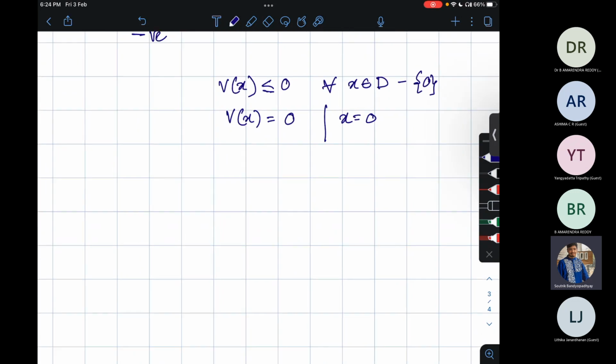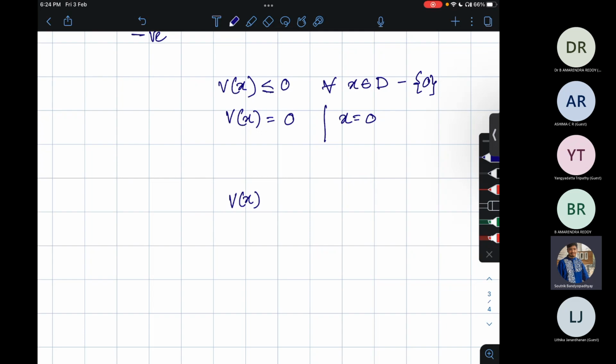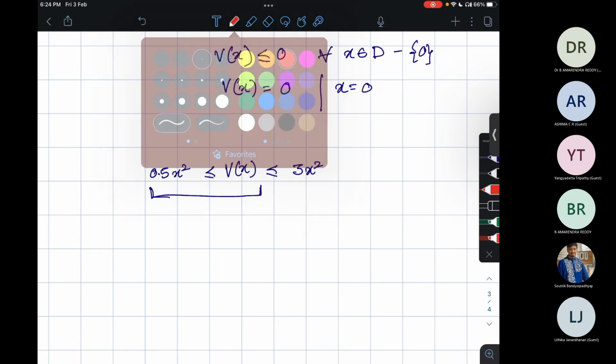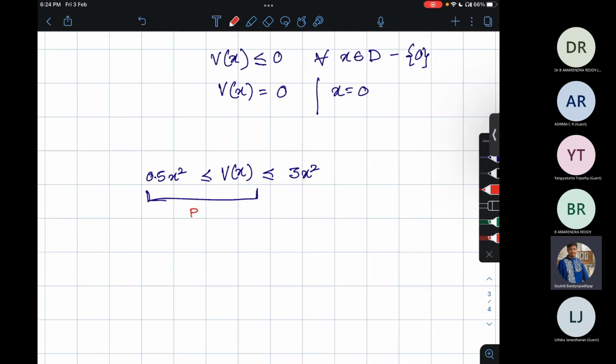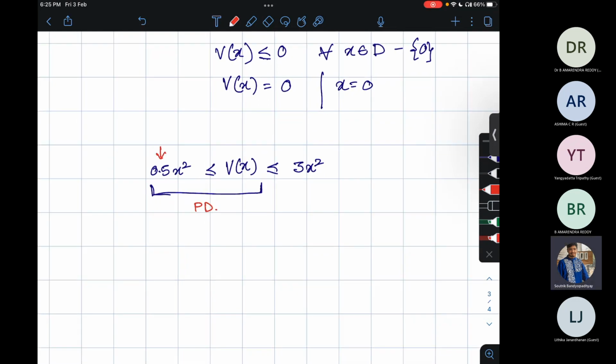So what you asked is this boundedness thing, right? So V of x is greater than or equal to 0.5 x square, and this is less than or equal to 3 x square. This part of the inequality is saying that this is positive definite. How?